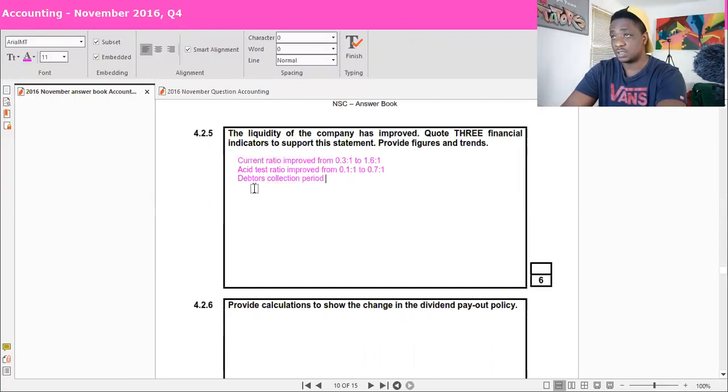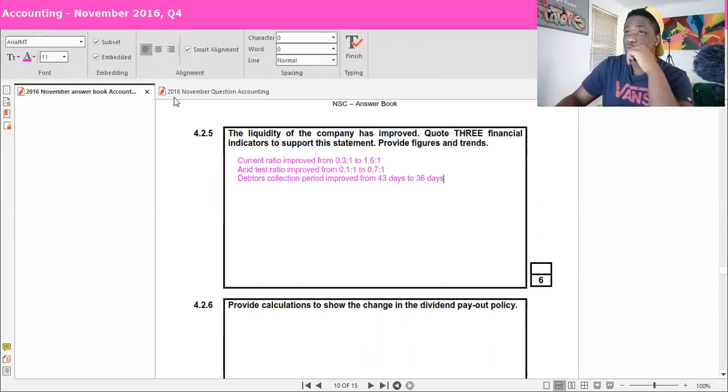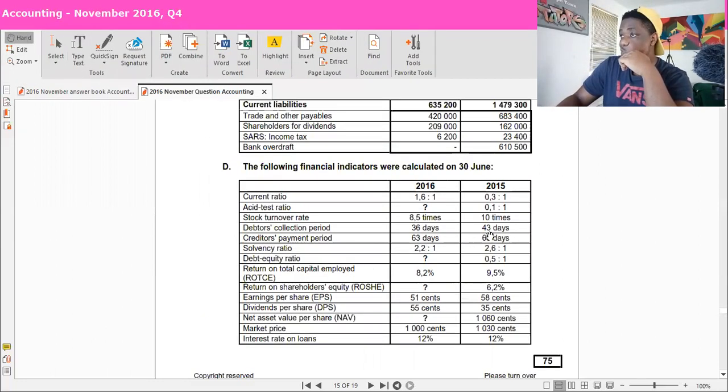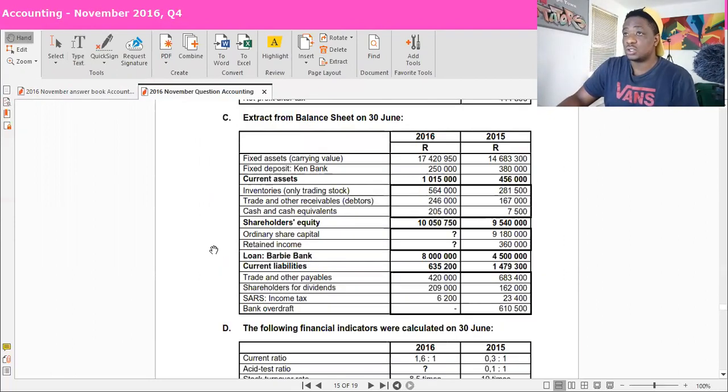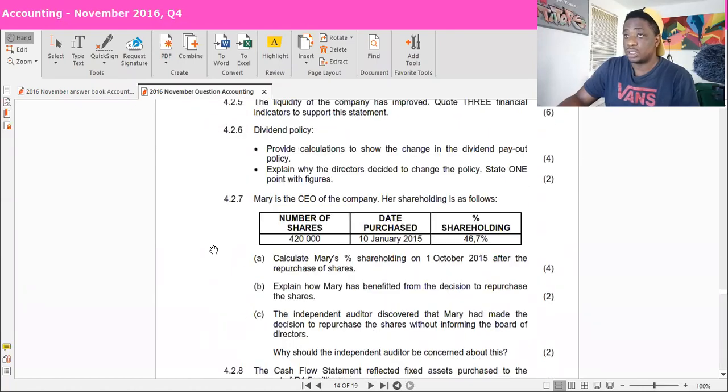This one is a given, improved from I think 43 days to 36 days. Let me just confirm it. Yes, it's from 43 to 36 days. So we got that one right, and that is an easy 6 marks. Cool. Let us continue then to question 4.2.6.